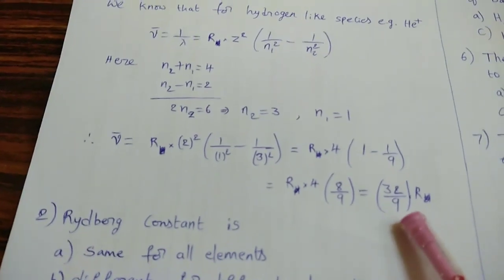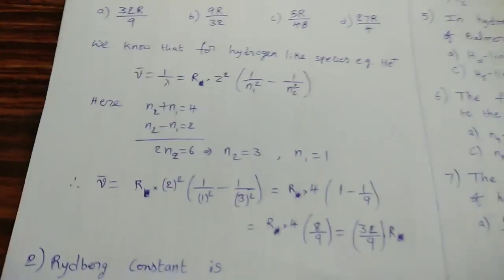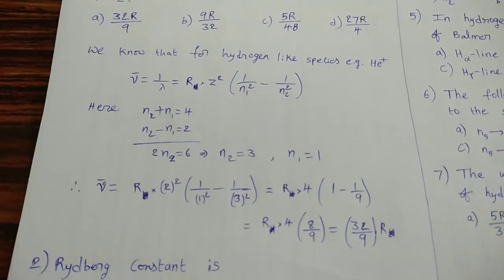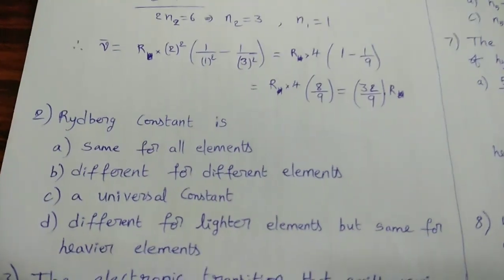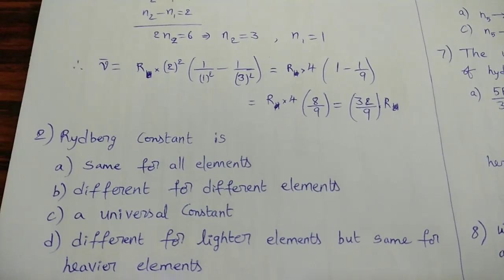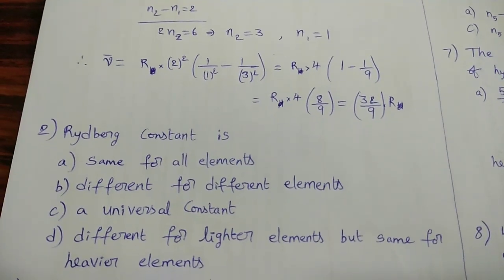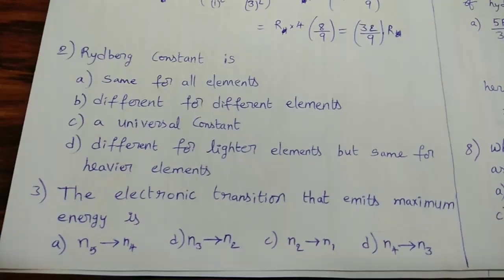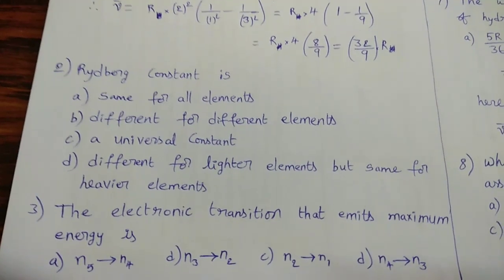Then we can get this one. Okay. So option A is the answer, 32 by 9 into R. Next, Rydberg constant is different for different elements. It is not same for different elements. Already we know that.